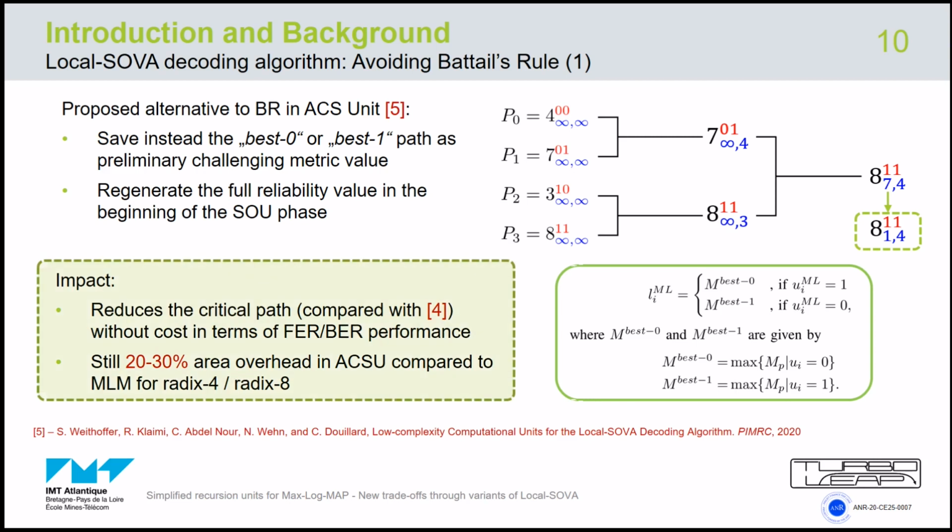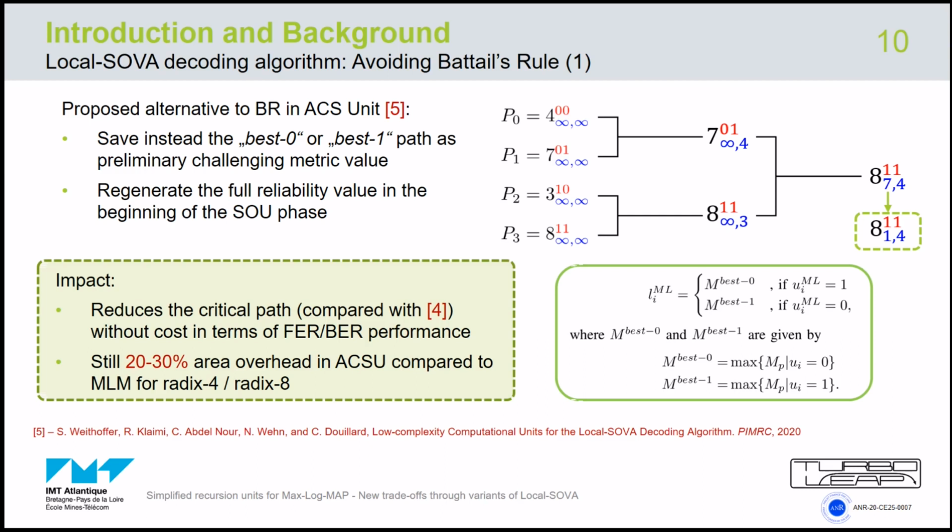Since the computation of the delta between the path metric of the winning path and the memorized competing path can be hidden in the pipeline of the soft output unit, which computes the SOU phase, the critical path is reduced compared to a naive implementation of the local-SOVA. Compared to the MaxLogMap, however, a penalty of 20 to 30% in terms of area is incurred in the ACS unit. Luckily, as we will see later, this increase is outweighed by the savings in the SOU.